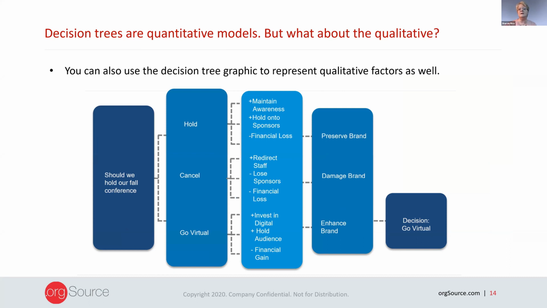And then the net gain column: net gain would be preserving brand if we hold it, damaging brand if we cancel it, or enhancing brand if we go virtual, because we're giving our audience something that they need and want, and we're being nimble in responding to the environment. So we come to the same decision of going virtual in this example.